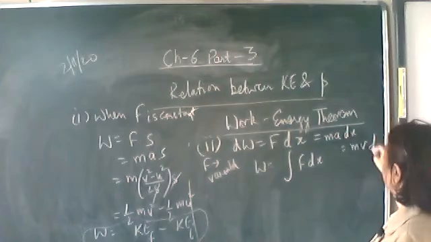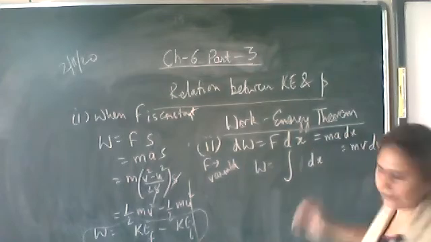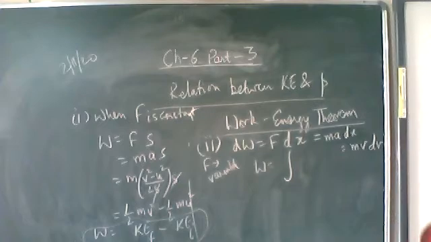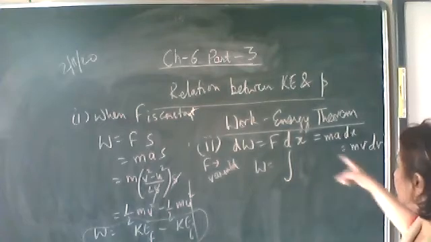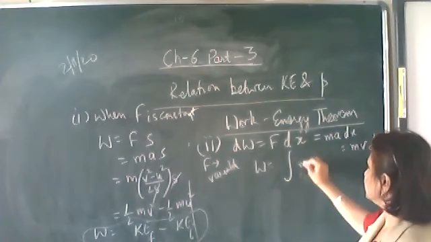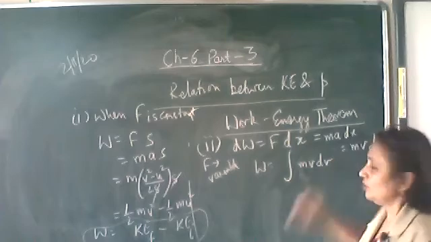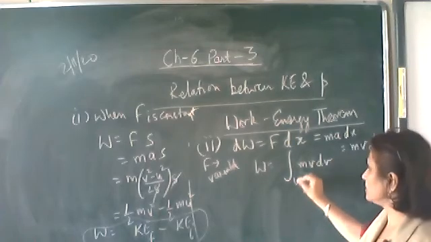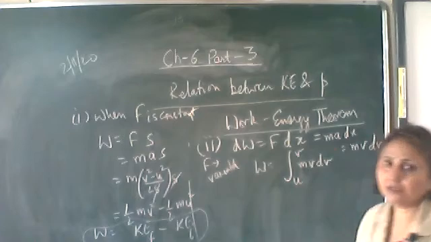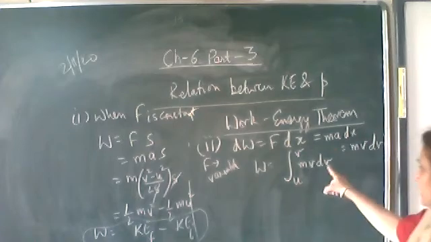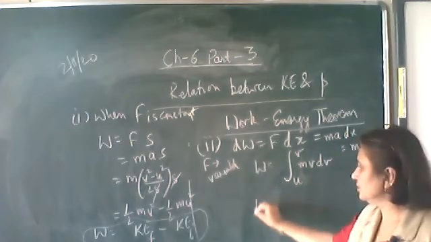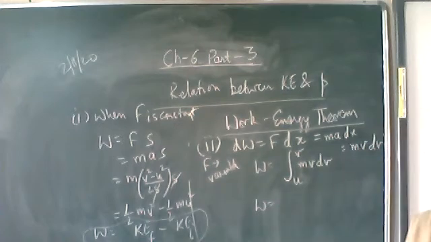In place of force into dx, we can write mv into dv. Now the limits. Let initially it be moving with a velocity u, and after time t it acquires a velocity v. So proceed with it.